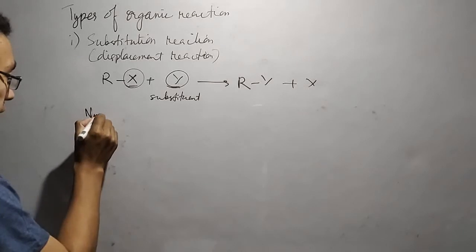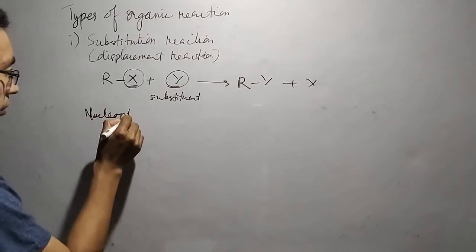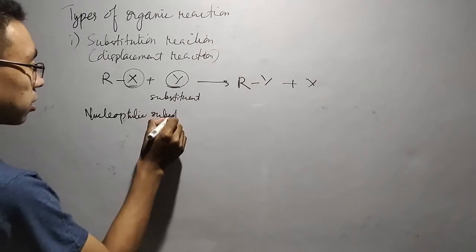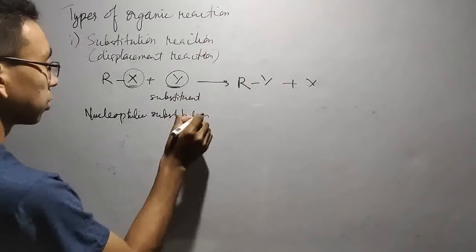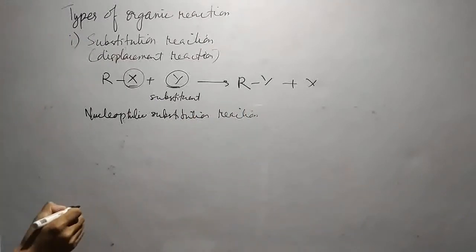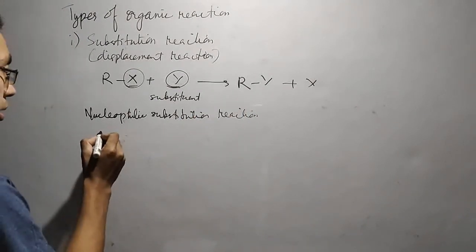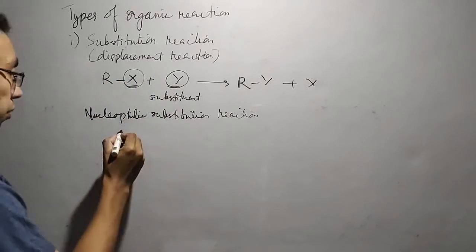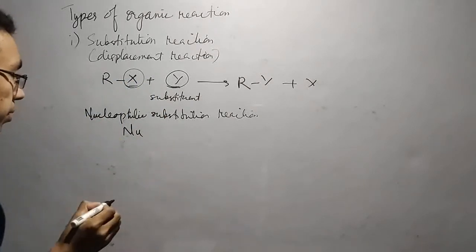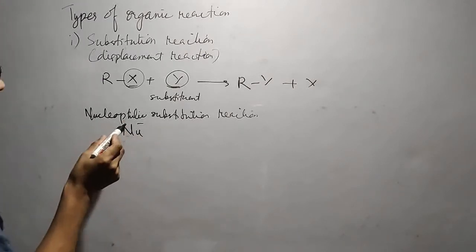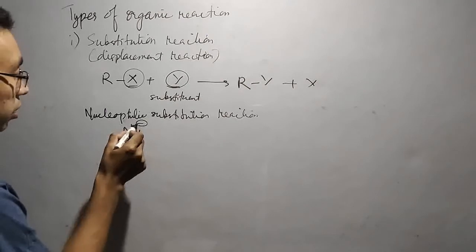One is nucleophilic substitution reaction. Under nucleophilic substitution reaction, a nucleophile is substituted. So a nucleophile is generally represented by Nu minus. They bear a negative charge.